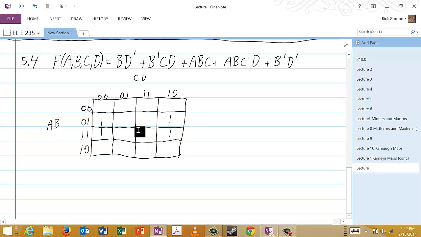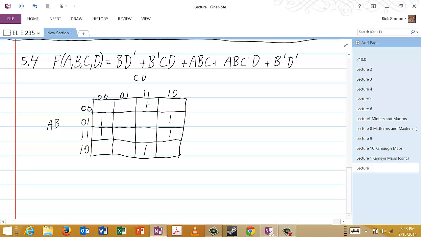And now, of those 4 cells, in how many is B also equal to 0? If we keep in mind that B is the second number in these pairs over here on the vertical axis, we see that B is equal to 0 in the first row and B is equal to 0 in the last row. So we have a 1 and a 1 there.